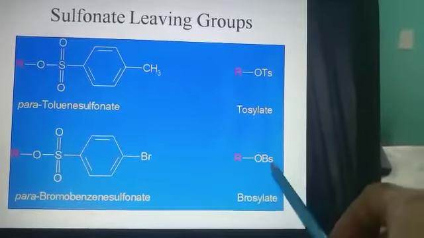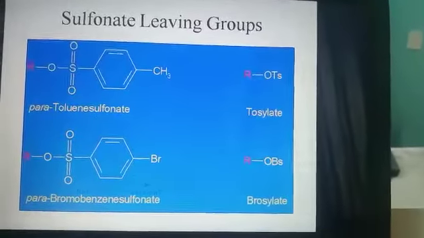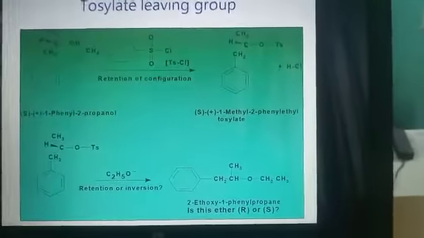It is called OBs or brosylate. Let us see a reaction sequence.